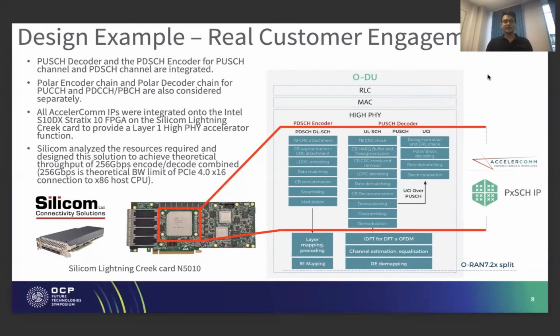One thing worth noting is that this Silicom card has PCIe Gen 4x16 connection, which provides, in theory, 256 gigabits per second bandwidth.